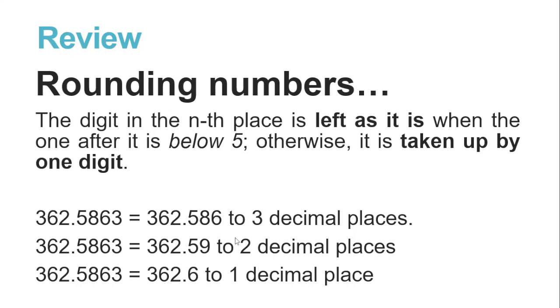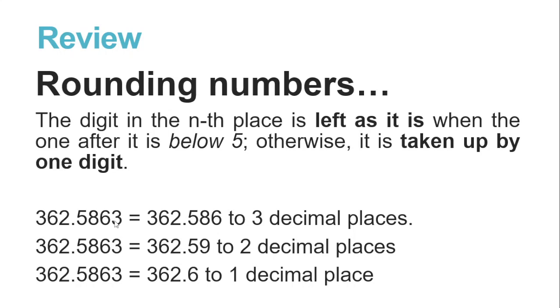If it's above 5, it is taken up by one digit. Like for example here, 362.5863. If we round that to three decimal places, it's left as 6, because the number beside it is below 5.